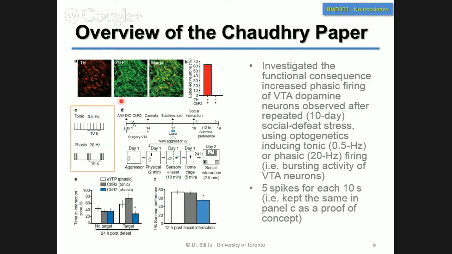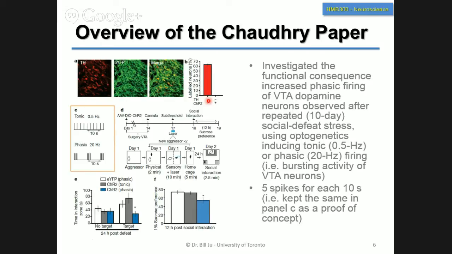He does exactly the same thing that Carl Diceros starts off with. Because it's the same mouse system, he wanted to know, if I inject this virus that I just showed you on that previous slide into the ventral tegmental area that's full of Th positive neurons, in red here, if you take the ventral tegmental area out and stain it for tyrosine hydroxylase, you see all of this. If I start looking at the expression of the virus, where do I see it?